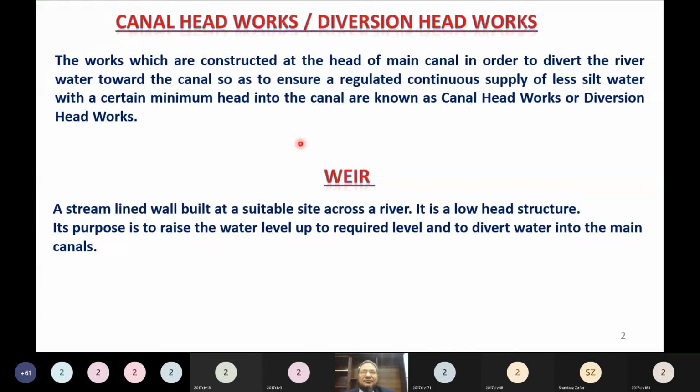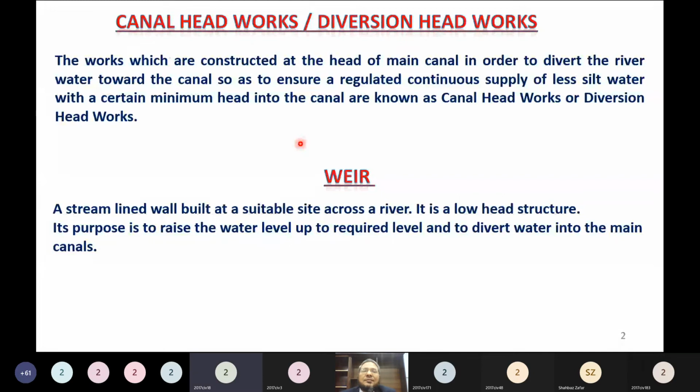Where is the head of the main canal? It is taken off from the river. So all works constructed at the head of the main canal in the river, to raise the water level and divert that water towards the canal, are called headworks. Is it clear?